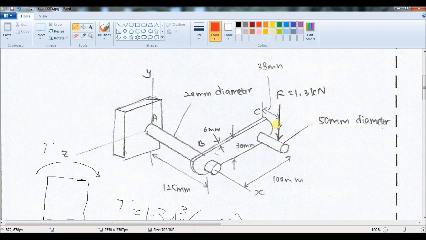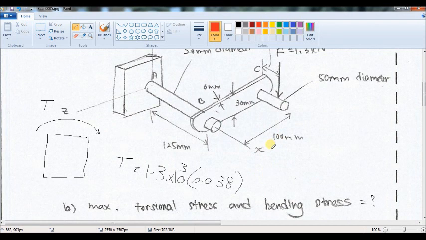Also, due to the presence of this load and this distance from the axis of x, we will have a moment that will deflect or deform the arm BC in this way, right?